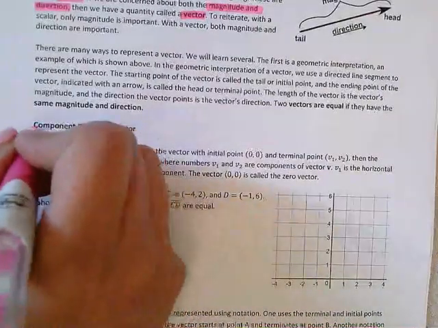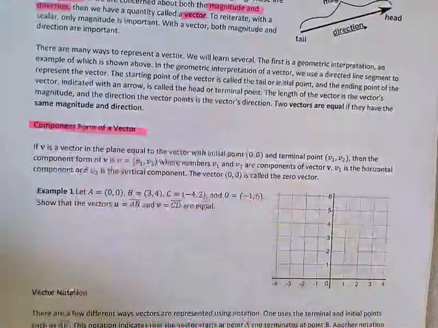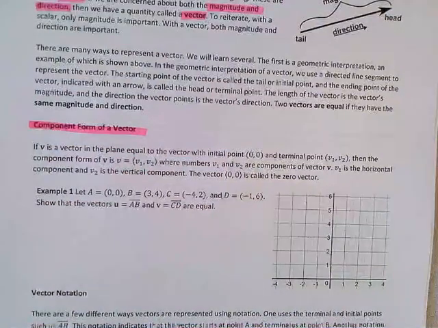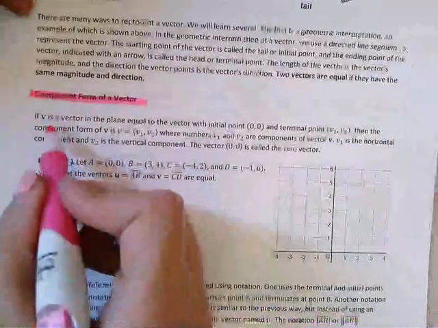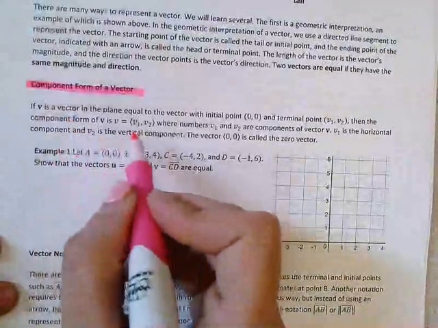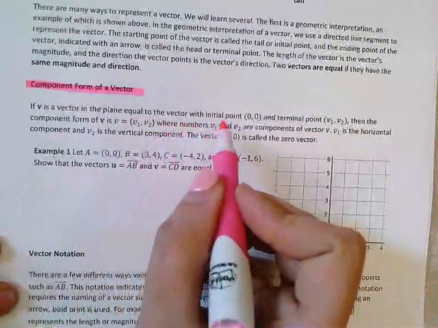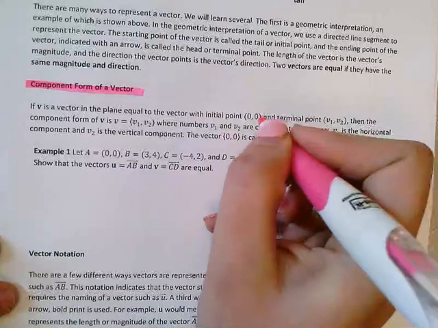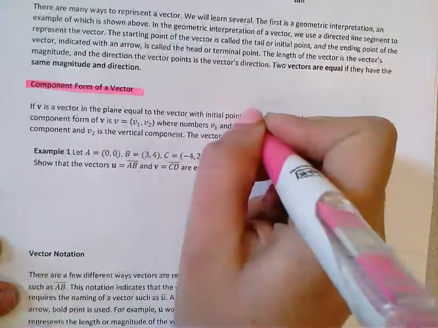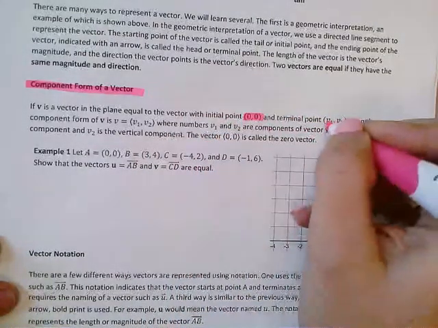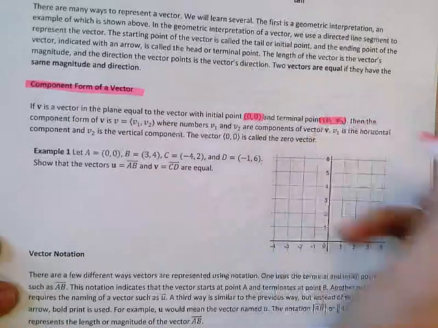So, component form of a vector. Our component form says if v is a vector in a plane with the initial point 0, 0, that means the vector starts at the origin, and the terminal point is going to be called v1, v2, wherever that is.